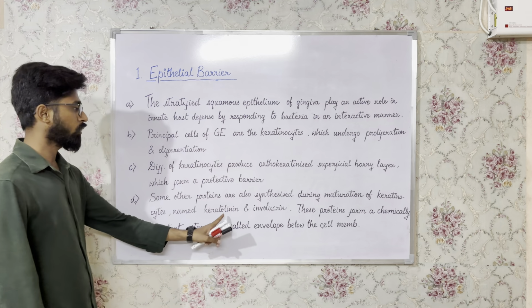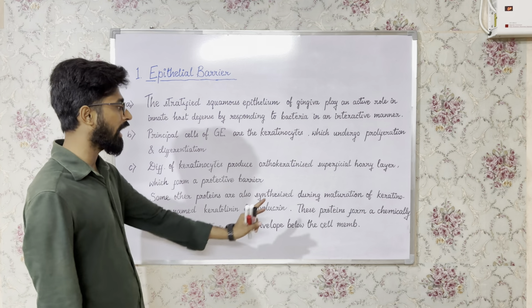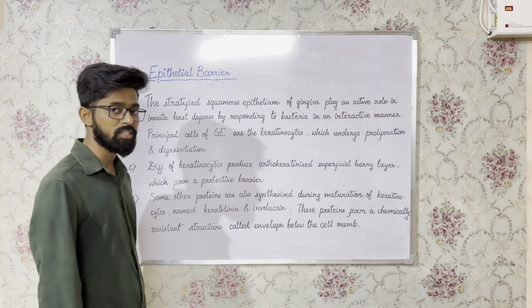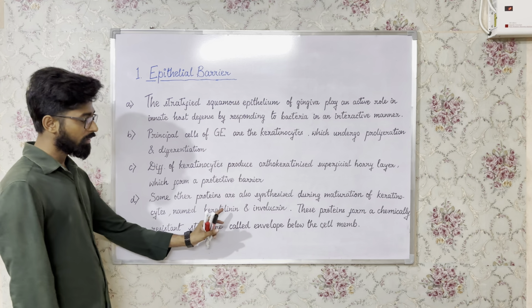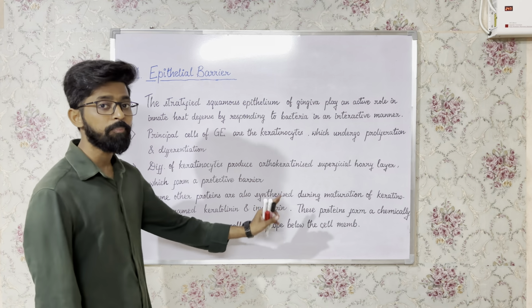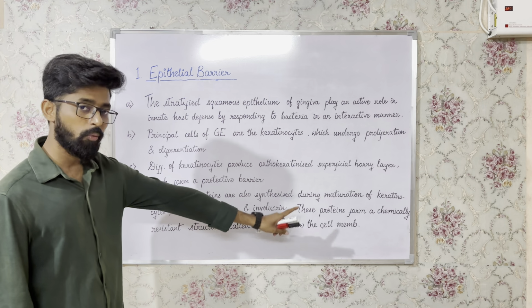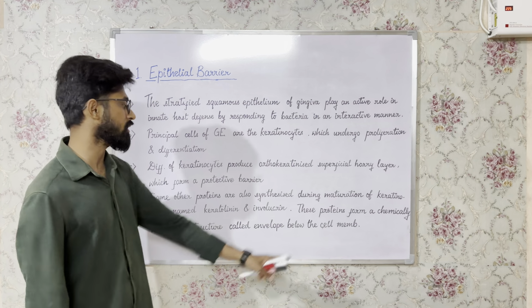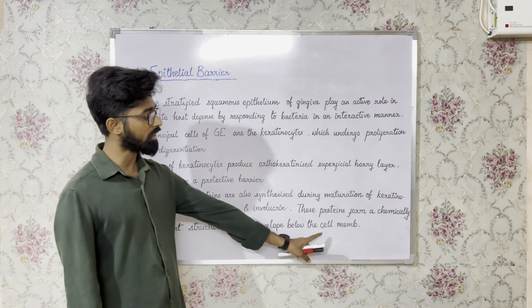Some non-keratin proteins are also produced when maturation of keratinocytes takes place, right? Apart from keratin, the main ones are keratolinin and involucrin. Okay, these proteins, what they do, we have discussed this earlier. These proteins form a chemically resistant structure called envelope below the cell membrane.